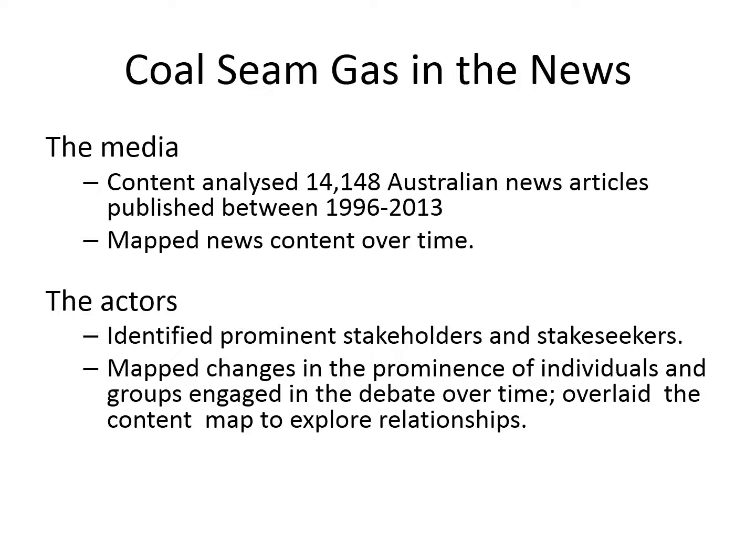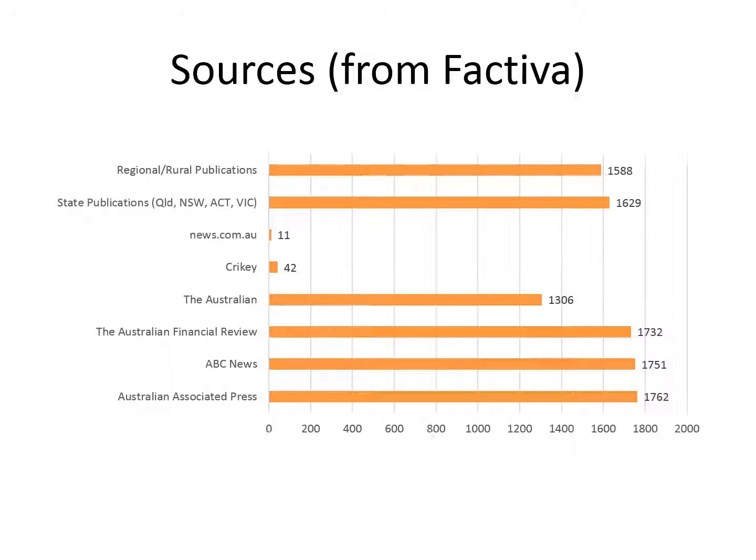We're also interested in identifying actors within it. So we used other tools, natural language processing tools, to identify key individuals, politicians, and industry people within those news articles as well. And we were interested in mapping the prominence of them within this debate that was playing out within the media.